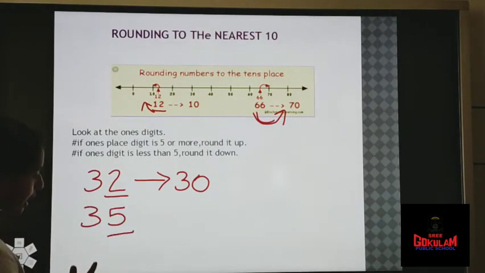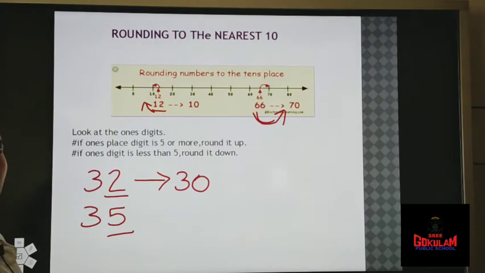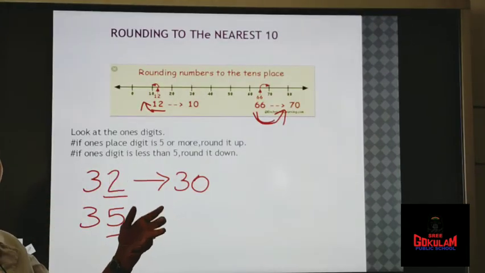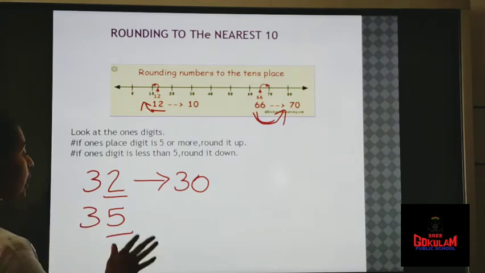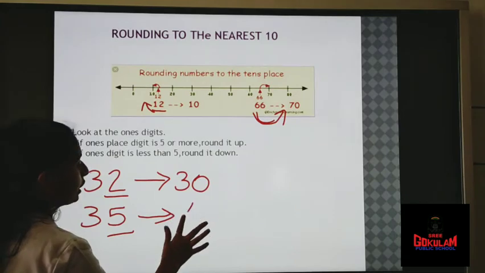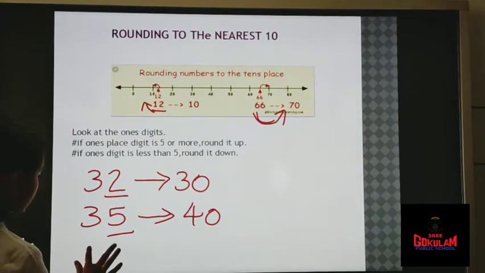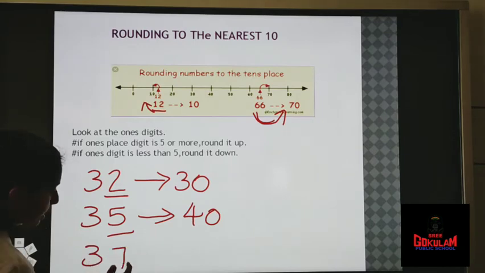Look at the ones place. It is 5. If the ones place number is 5 or above, we can round up. That means we can round the number to 40. Next example, 37. Look at the ones place.